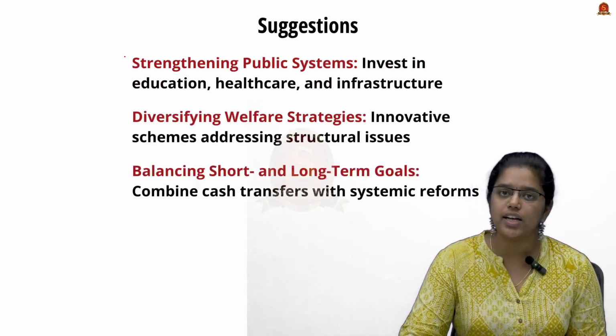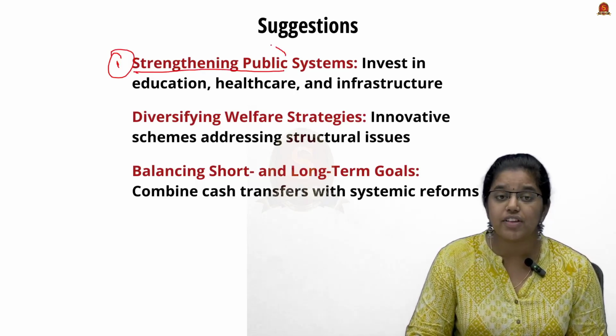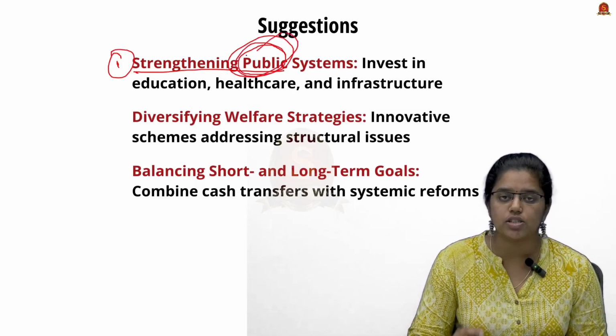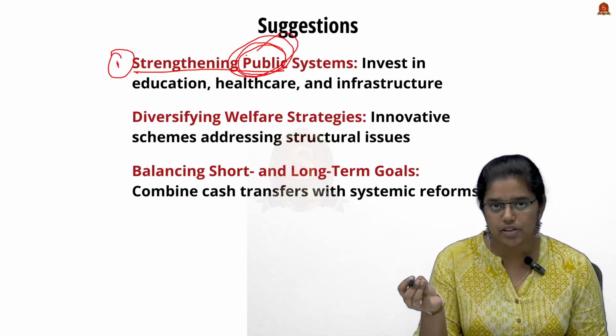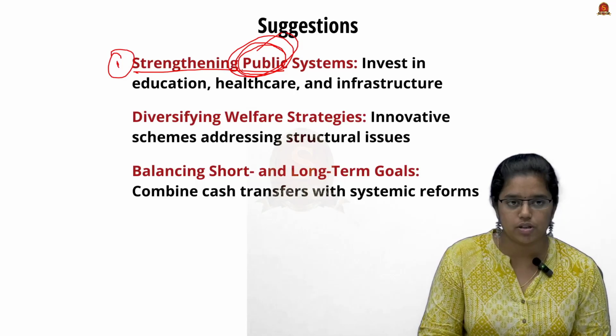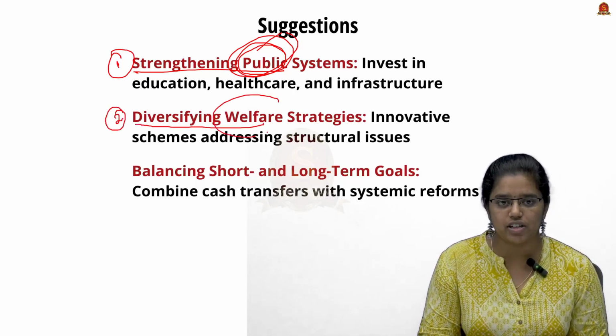So how can we deal with the situation? First, we can strengthen the public system, so that if there are better public solutions available to citizens, they will go to the public system rather than the private system. Secondly, we need diversified welfare strategies.